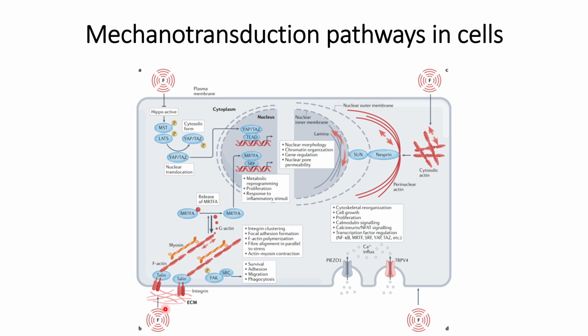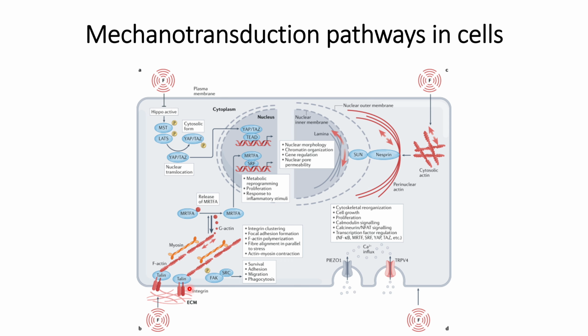In this case, the integrins interact with the force, and that will form either polymerization or depolymerization of actin. Depolymerization usually occurs through myosins, and during polymerization it will take up G actin that is interacting with MRTF-A, leaving MRTF-A alone. This G actin release from MRTF-A will cause MRTF-A to undergo nuclear translocation, and there it will interact with SRF and promote the genes responsible for metabolic reprogramming and proliferation in response to inflammatory stimuli.